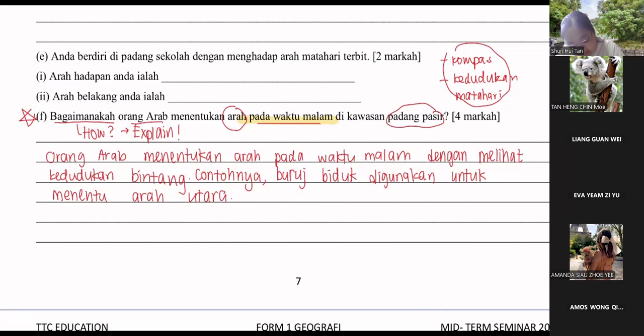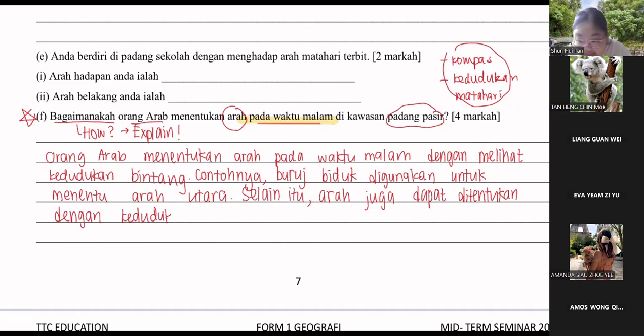Now, so you can say selain itu, arah juga dapat ditentukan dengan kedudukan bulan.